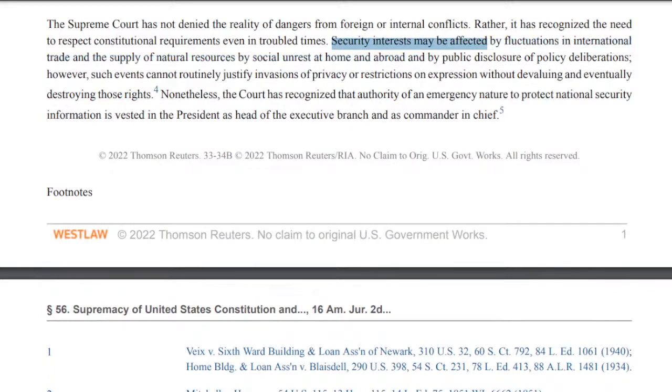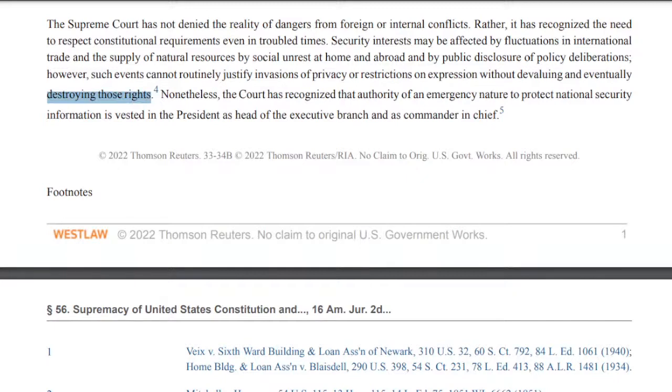Security interest. Okay, they may be affected by fluctuations and so on, but such events, so we could say security interests cannot routinely justify invasions of privacy or restrictions on expression without devaluing and eventually destroying those rights.